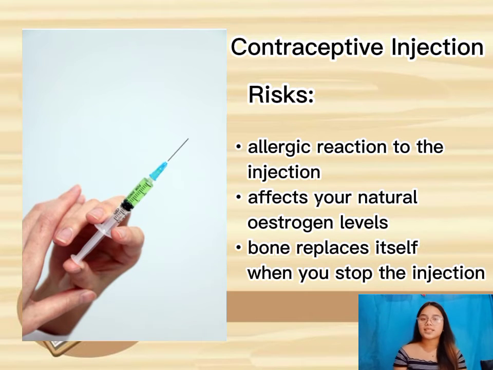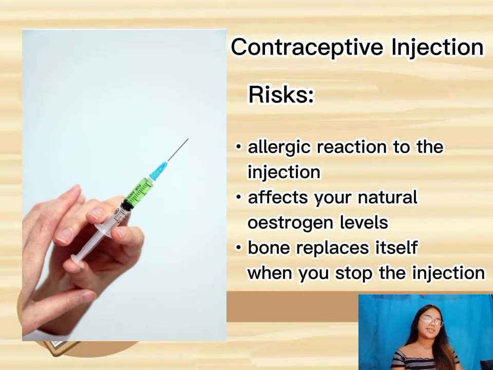Third, this is not a problem for most women because the bone replaces itself when you stop the injection, and it does not appear to cause any long-term problems. And the last one, sometimes the doctor may recommend that you stop after 2 years so there's no long-term effect on your bones.